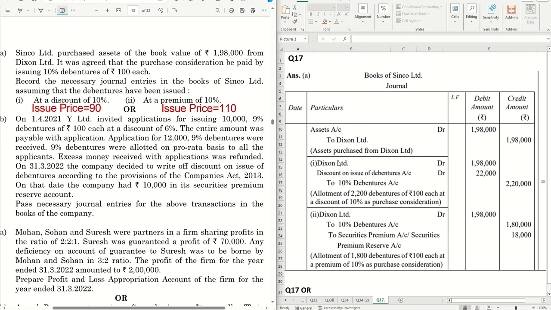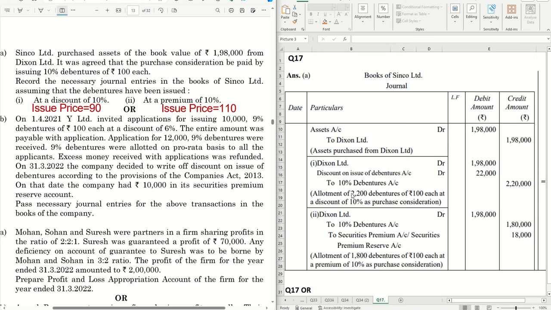The purchase consideration for Dixon Limited will remain constant. So even if you're coming to the second journal, Dixon Limited account will be debited by the purchase consideration amount only. The things that will change will depend on the discount and the premium, and the number of debentures would change.